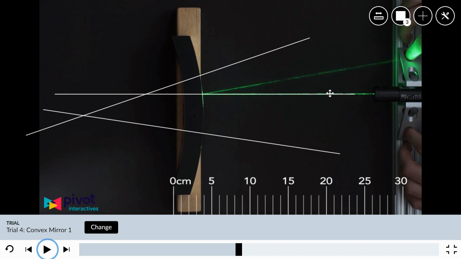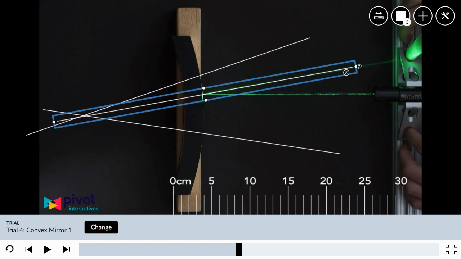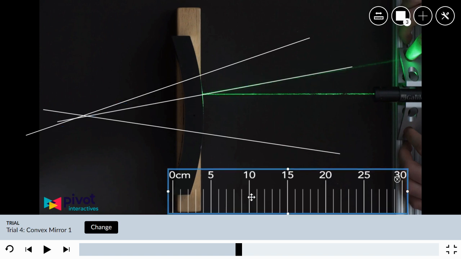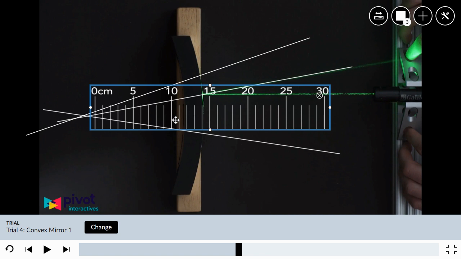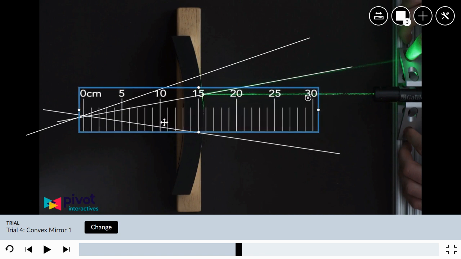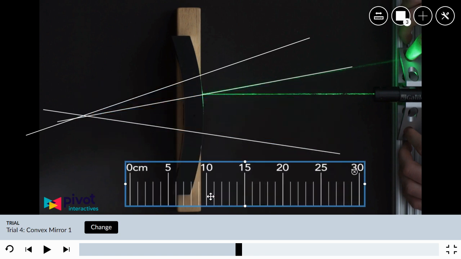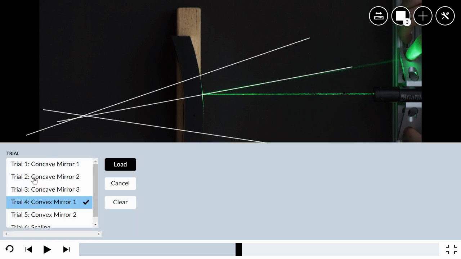But I can use these lines to try to backtrace and locate the point behind the reflective surface where the rays appear to have diverged from. Okay. And so that's kind of the latter part of the lab. So try to, with the first three, collect data on radius of curvature and focal point, find a relationship there, and see to what extent that seems to apply to the convex mirrors in trial 4 and 5.